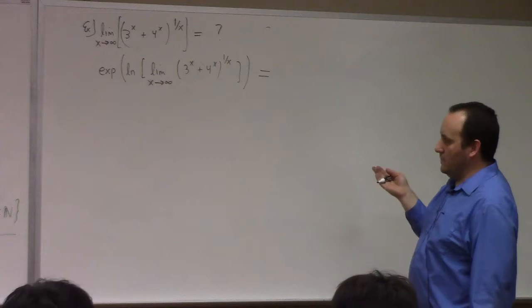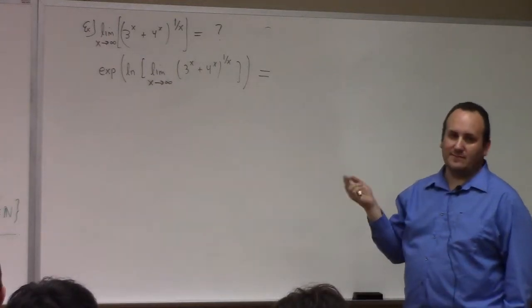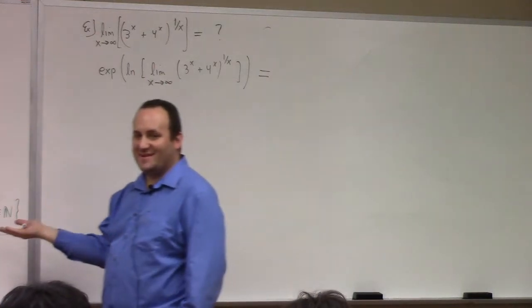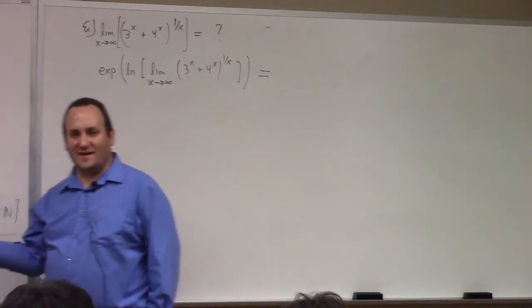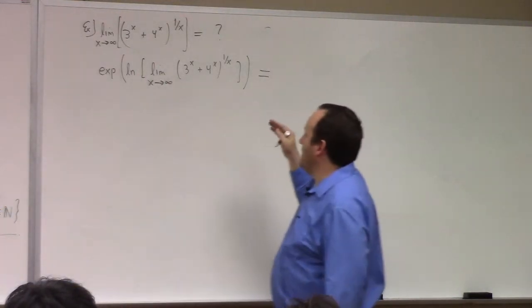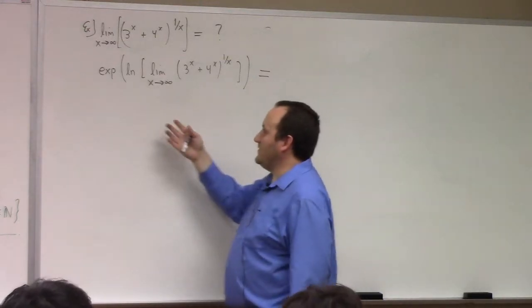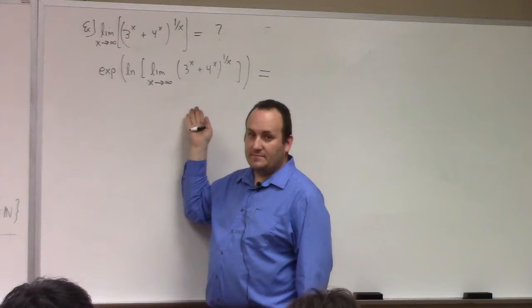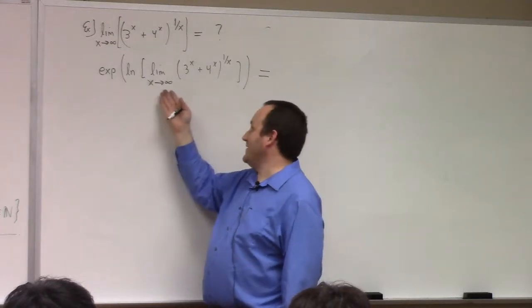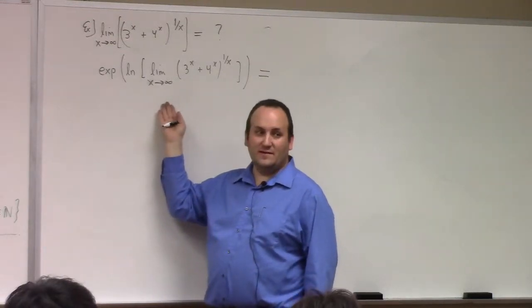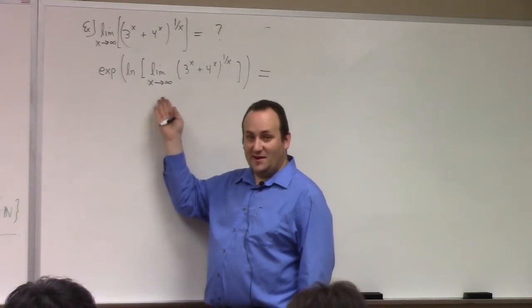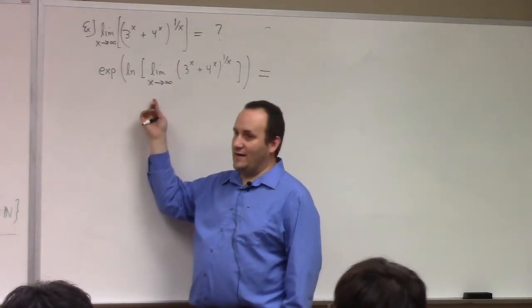Okay, so why can I do that? Well, to be honest, we know that the limit exists by our previous work. In some sense I'm assuming that the limit's positive, right? If we work this out and we find out that this limit is -7 or something, then we need to go back to here and say, that was nonsense.